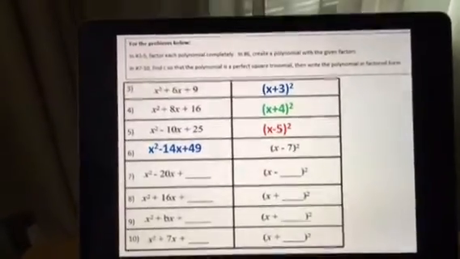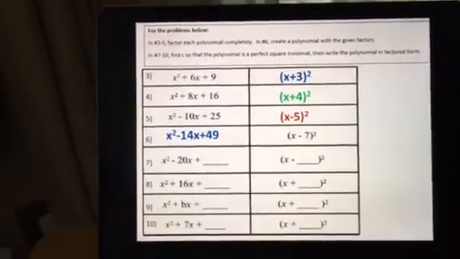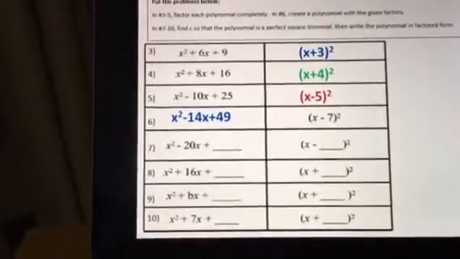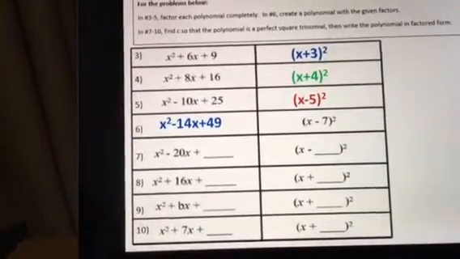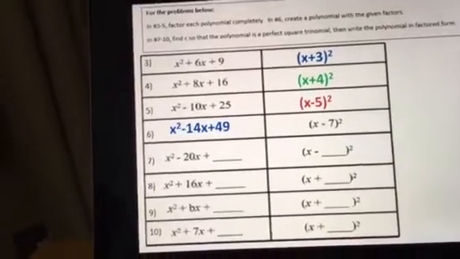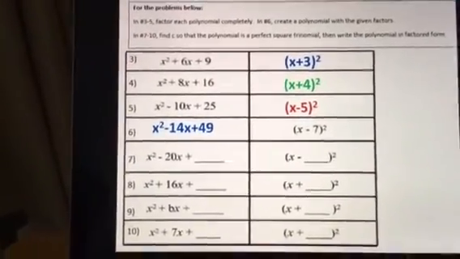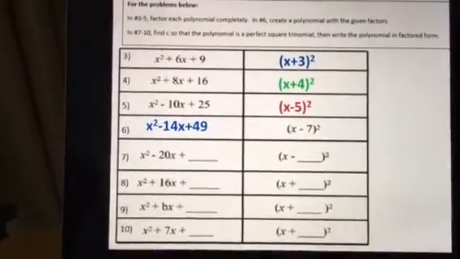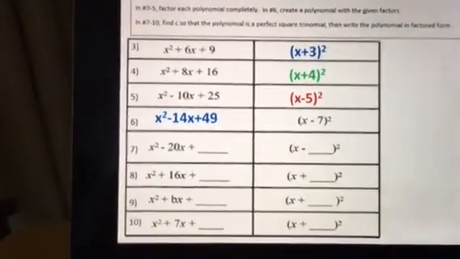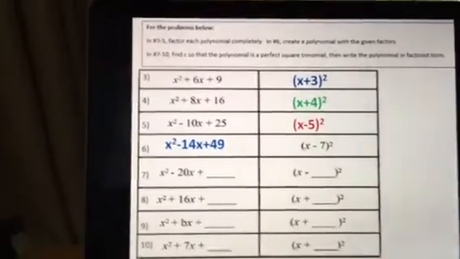Okay. So in problem number 7, we're going to find a value for c that's going to make the polynomial a perfect square trinomial like 1 through 6. And then we're going to write the polynomial in factored form. So x squared minus 20x plus what?